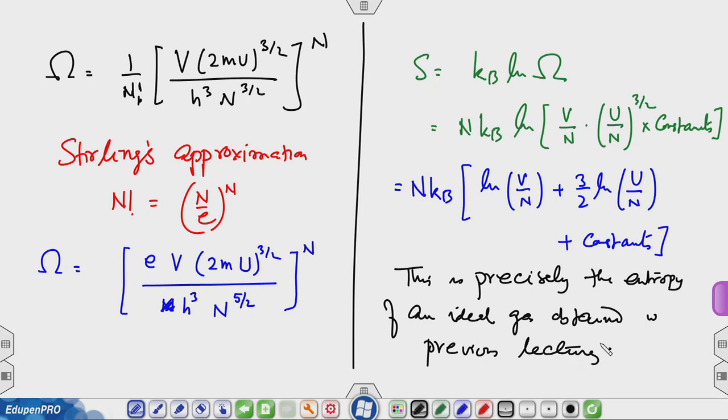So what we have done in this is calculated the entropy of an ideal gas by dividing the container into many small cells of small volume, and also the momentum space into small volume, so that the volume of the cell in phase space is h cubed, and then counted the number of states, took care of the indistinguishability of the particles, and calculated the entropy.